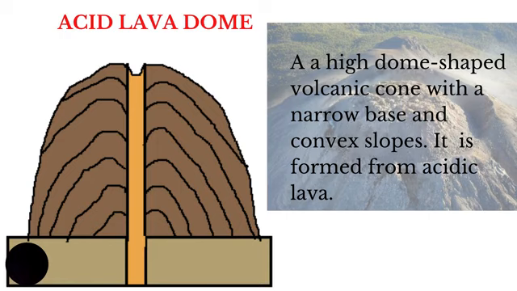Because the lava is viscous in nature and the temperature is not as high as the basic lava, the lava will solidify closer to the vent. So it is unable to flow over a long distance. And this is what gives the cone its dome shape or its convex slopes. And this is why it is generally high and steep.